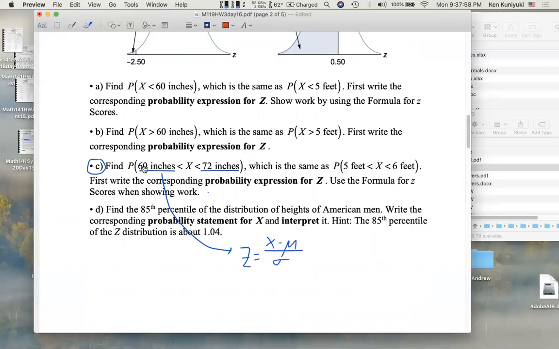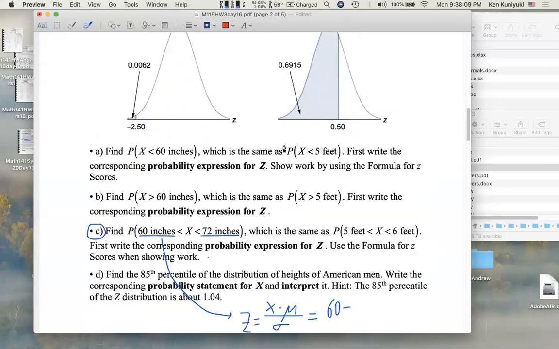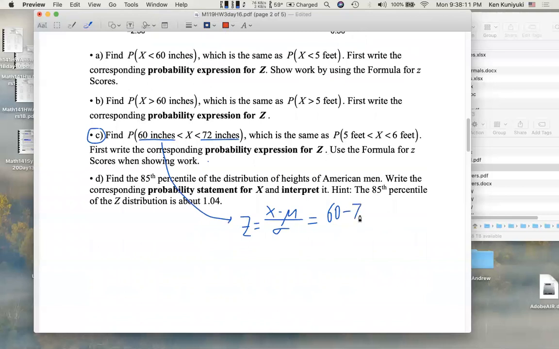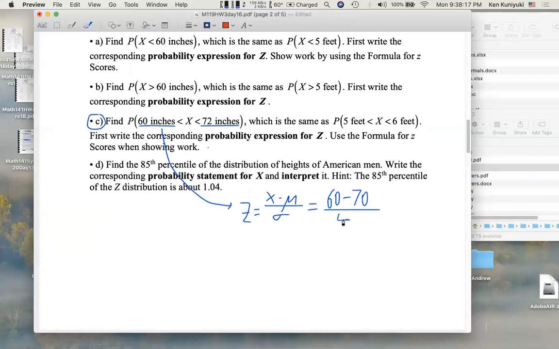X is the number of interest, the 60 inches here, minus mu, the mean for men now, which is 70 inches, divided by the standard deviation, which was 4 inches. Negative 10/4 is negative 2.50. That's exact. 60 inches is below the mean, so it better be negative.